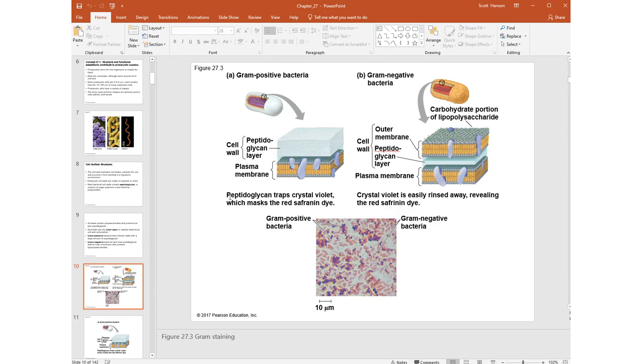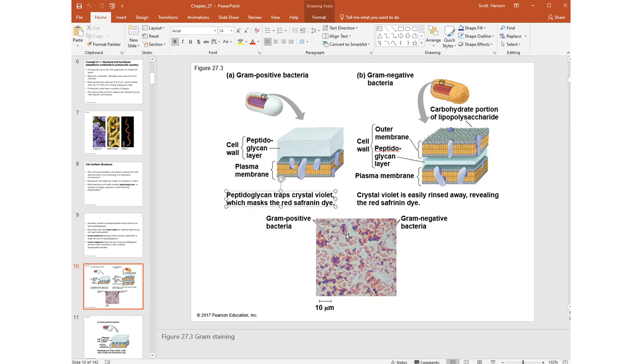And so the peptidoglycan on the gram-positive bacteria traps the crystal violet in the gram stain, and that masks the red safranin dye. And so gram-positive bacteria look kind of purple, basically.